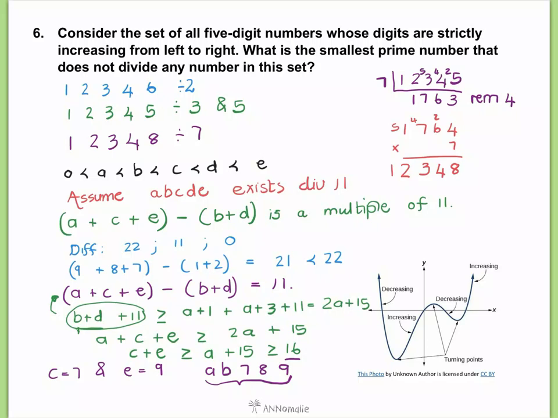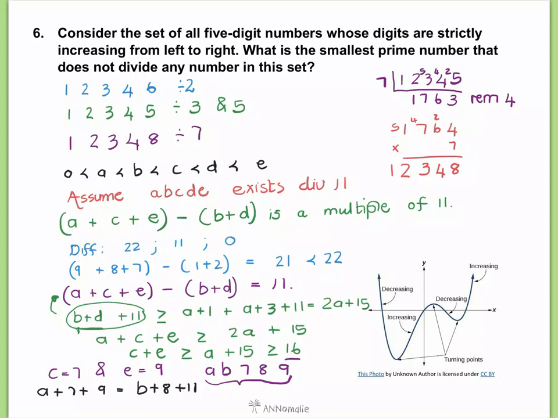So I can now say that A plus 7 plus 9 must equal B plus 8 plus 11. Let's investigate that.